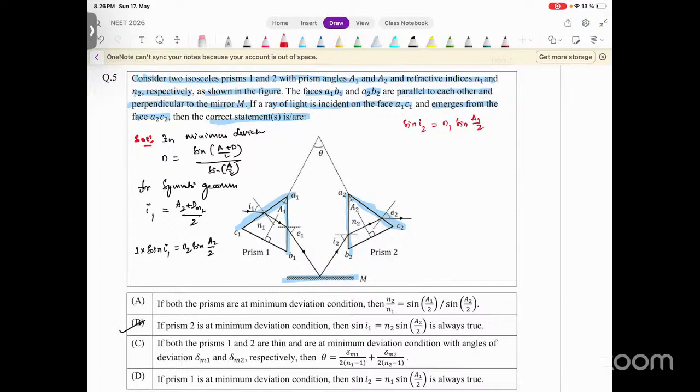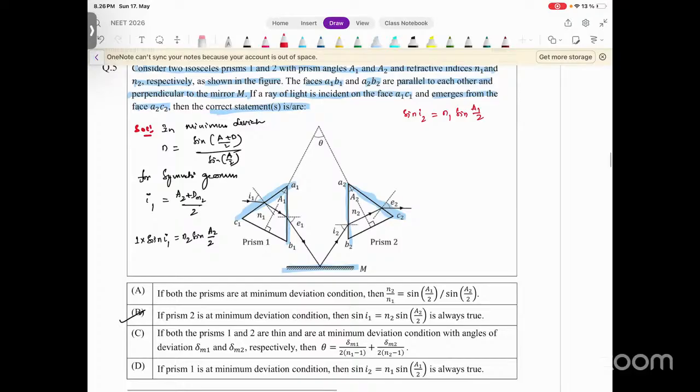Isn't it? So for the first surface, this one is the relation. So sine of I2. So D also I'm getting the answer for prism 1. This is for prism 1. This is for prism 2. Right?